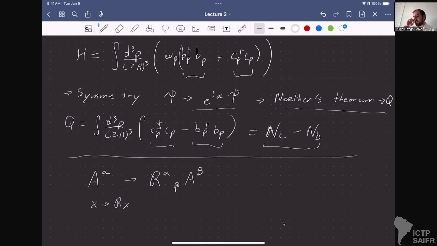So different fields will mix. And depending on how they mix, you can have them have intrinsic momentum of 1/2, 1, etc.